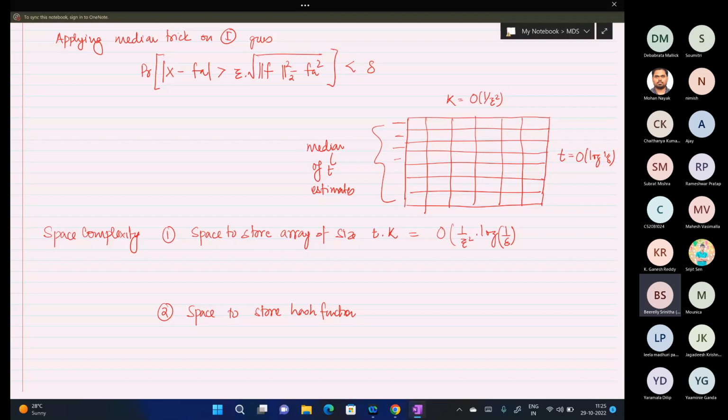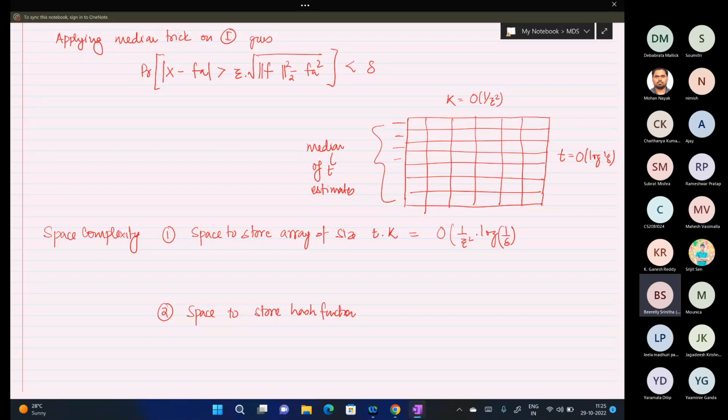But we need to store some values in the counters as well, and those are essentially the sum of the frequencies of some elements in the data stream. We have T into K many counters, and each counter stores some value.